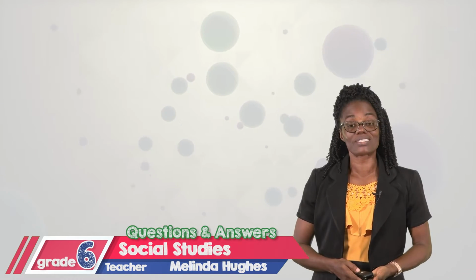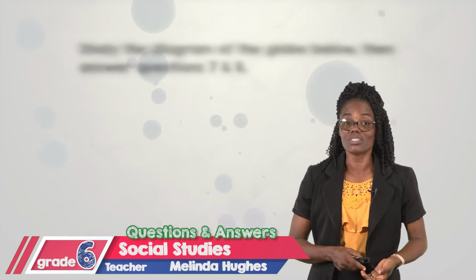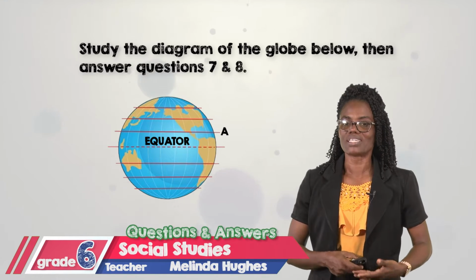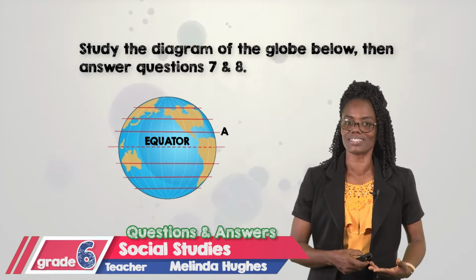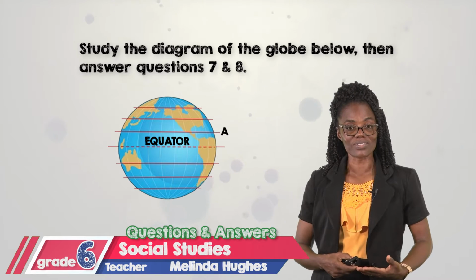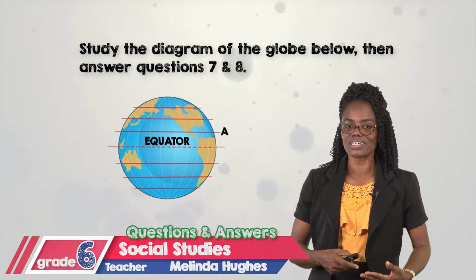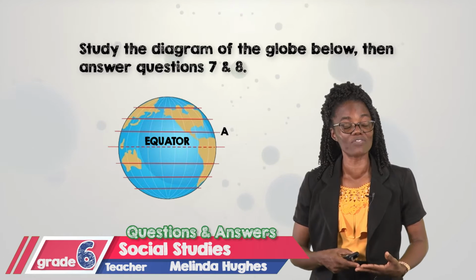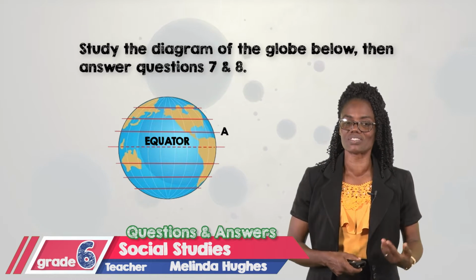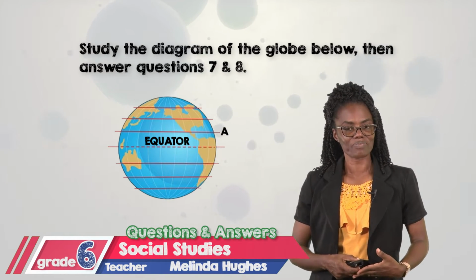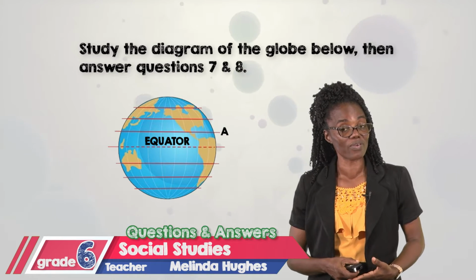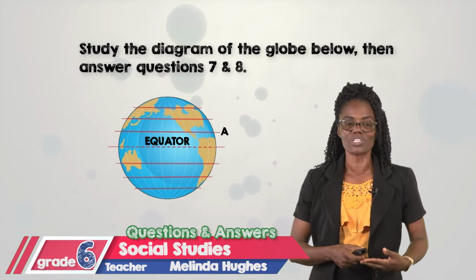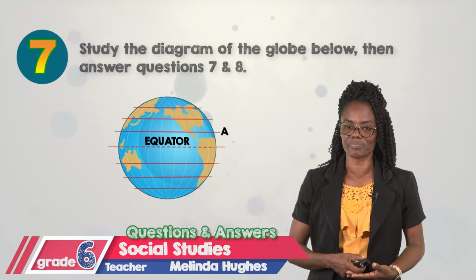Next, we move to question 7. Study the diagram of the globe below, then answer questions 7 and 8. So boys and girls, the globe has information that you have to use to answer questions 7 and 8. So please look at it carefully for a moment, and then you will answer question 7.